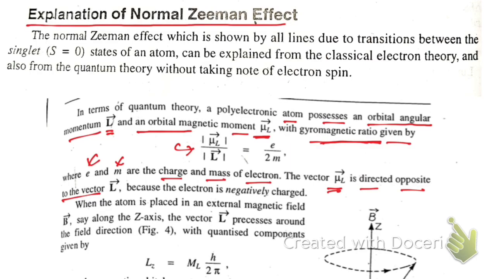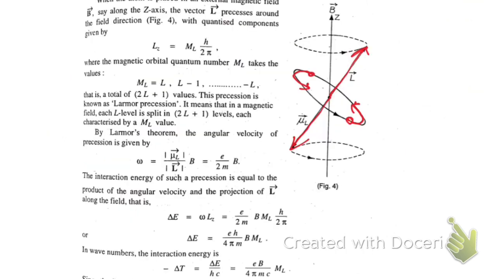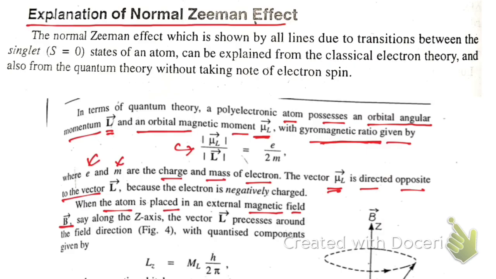Now you see when the atom is placed in an external magnetic field B. Here this is the direction of magnetic field B. It is along the z axis, okay? So this atom, in which this electron is moving in this direction in this orbit, is placed in a magnetic field as shown in this figure, right?